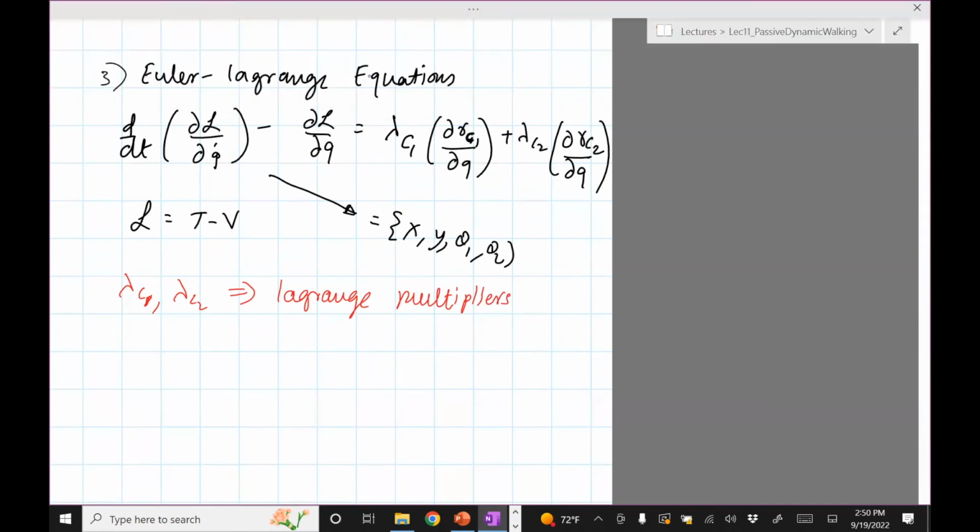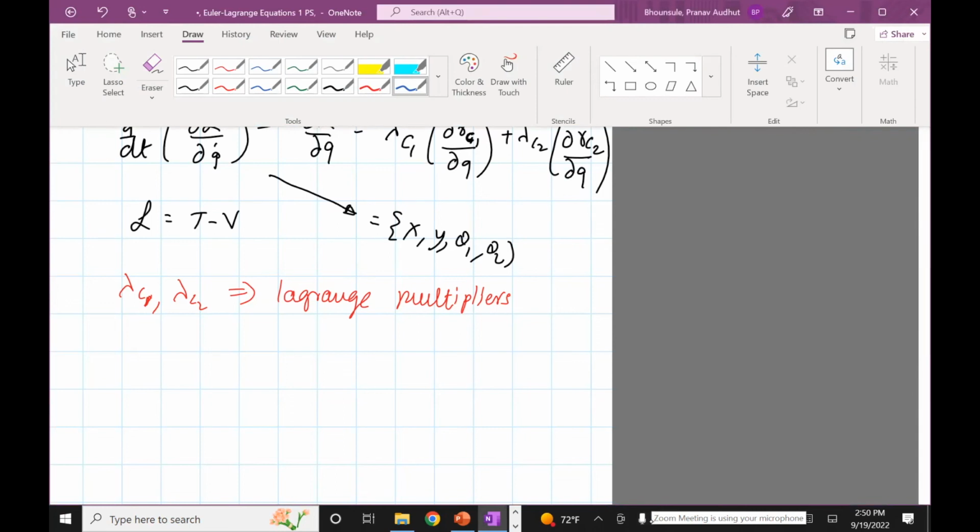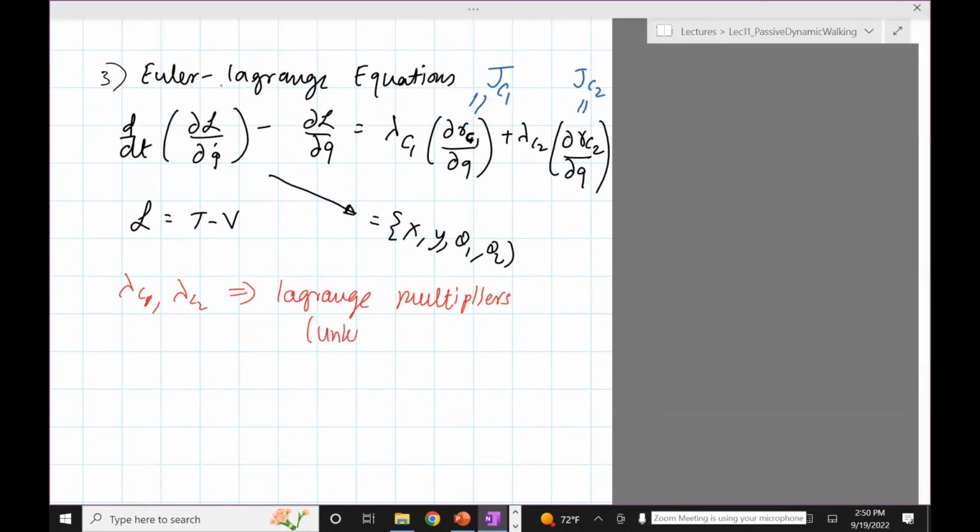And then note that these terms are basically the Jacobian of C1 and the Jacobian of C2. So that's all readily available because we've already computed the positions of that. So these Lagrange multipliers are unknowns. Okay, and this is very, very generic, the way I've written it. In the case of a specific system, for example, where those forces keep those points, C1 and C2, grounded, those Lagrange multipliers are actually the constraint forces.